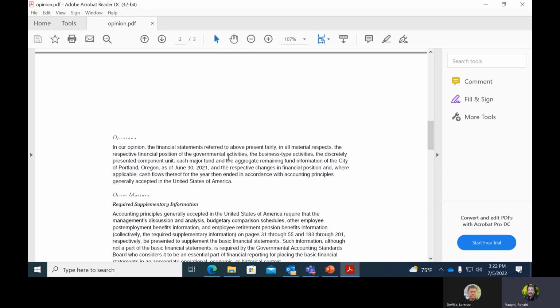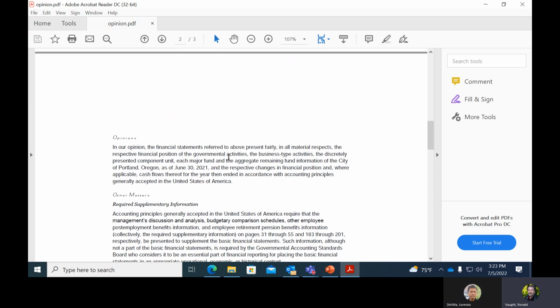Okay, so for most government audits, sometimes you get into a small government audit where they don't require this. But the vast majority of audits have to comply with GAS, which is determined by the AICPA, and that's what this particular opinion is about. They also have to comply with GAGAS, which is driven by GAO and the Yellow Book.